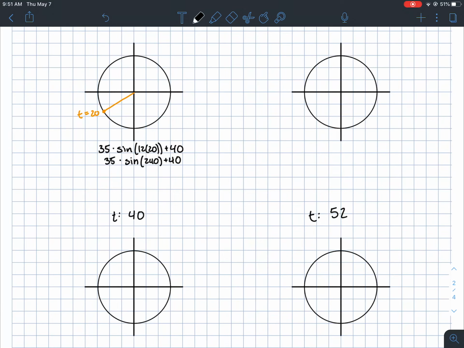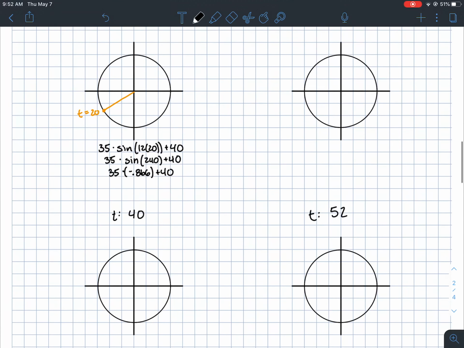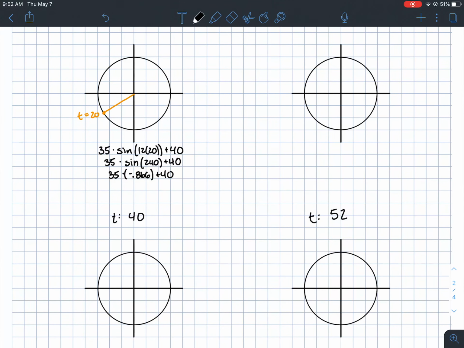That's going to be negative 0.866 now. It makes sense because we're below the midline, so there's going to be some negative that comes in there. So we go 35 times negative 0.866 and get negative 30.31.